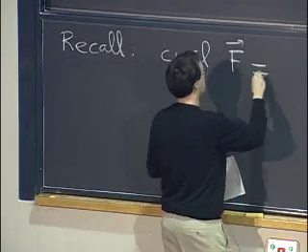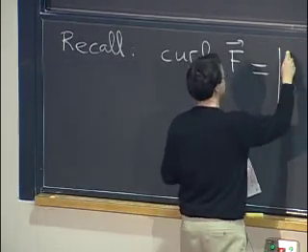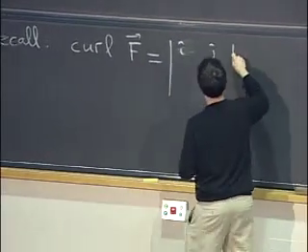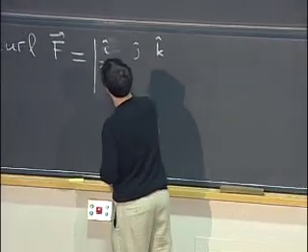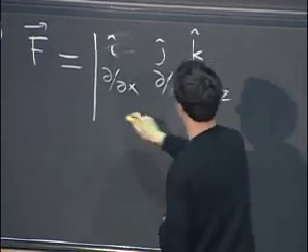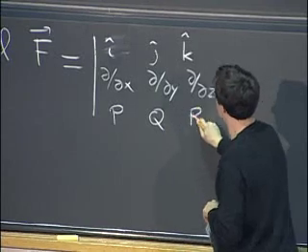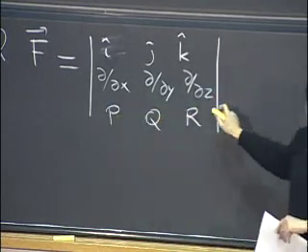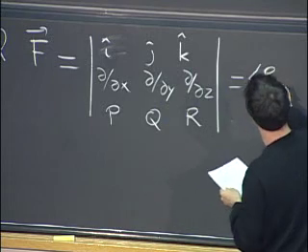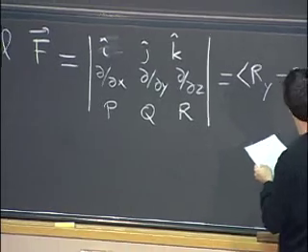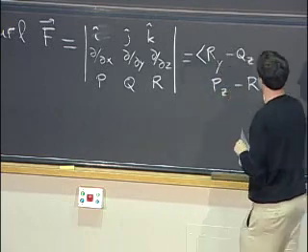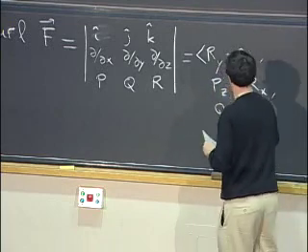We said the curl of F is defined by taking a cross product between the symbol del and the vector F. Concretely, we compute this by putting the components of F into this determinant and expanding, and then getting a vector with components ry minus qz, pz minus rx, and qx minus py.